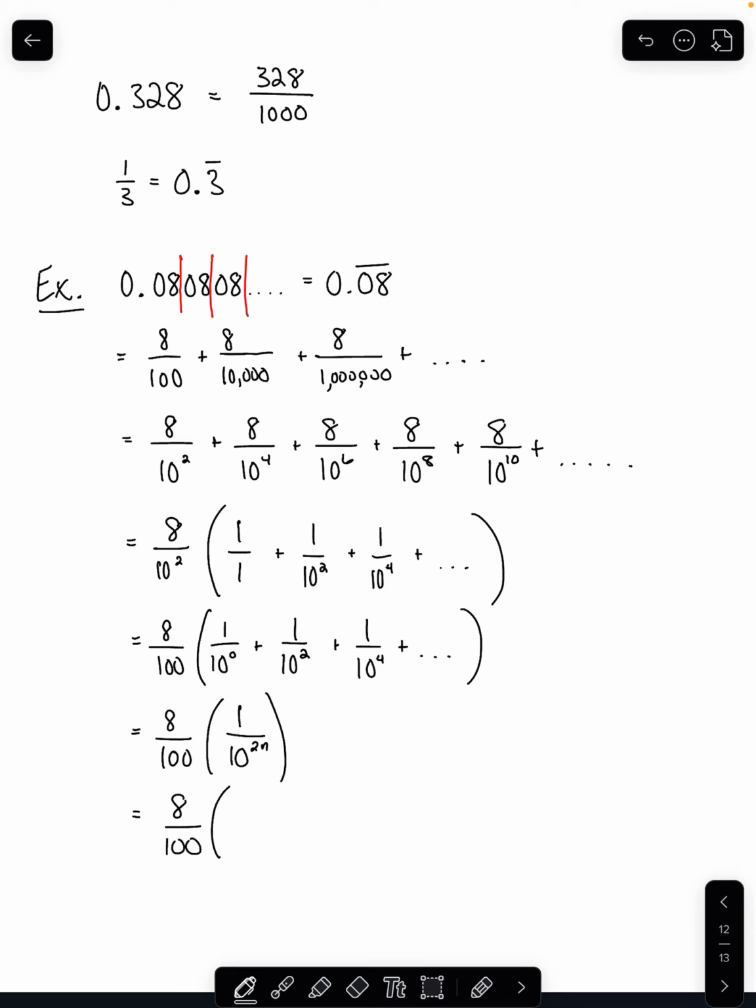Another way to write that is 1 over 10 squared to the nth. Finally, I can write this as 8 over 100 times 1 over 100 to the nth. This is my geometric series then.